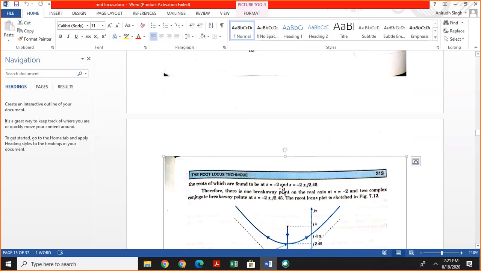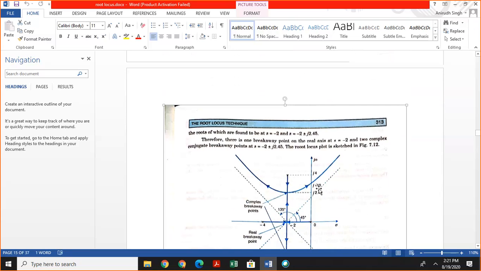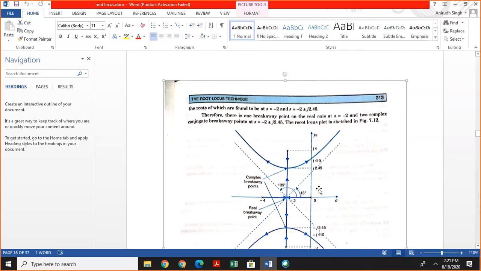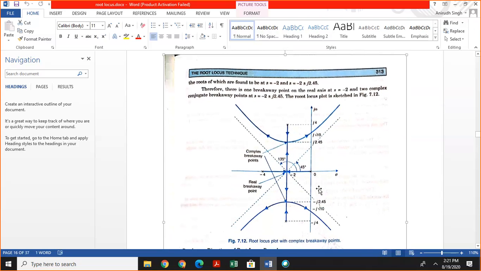And these are the roots of given equation: s is equal to -2 and s is equal to -2 plus minus j2.45. So first breakaway point is this -2 and second breakaway point is this.